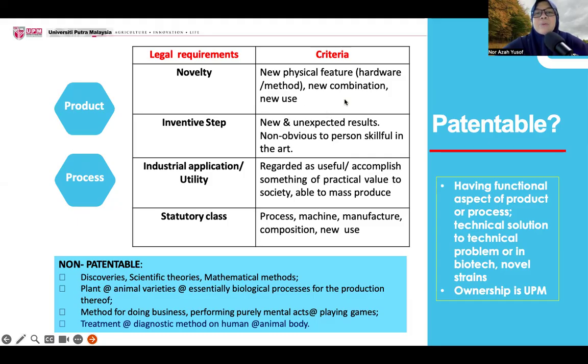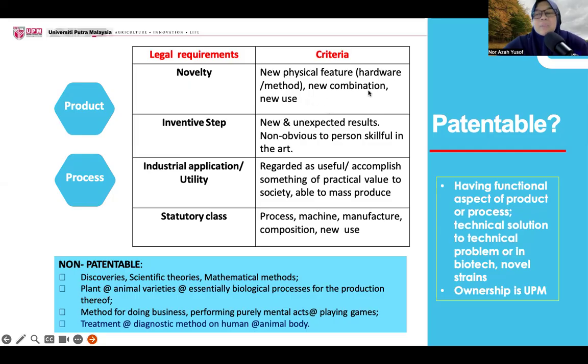It can also be an inventive step, a new improved version, for example, but at least there is something new and inventive, whether in the procedures or the formulation. It's not 100% new, but there is some inventive step.